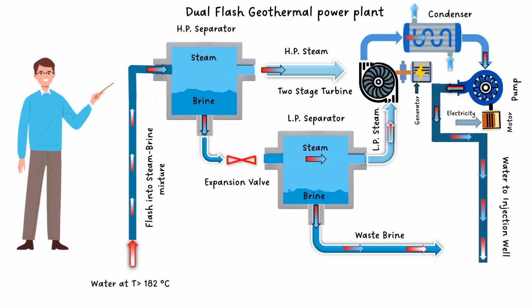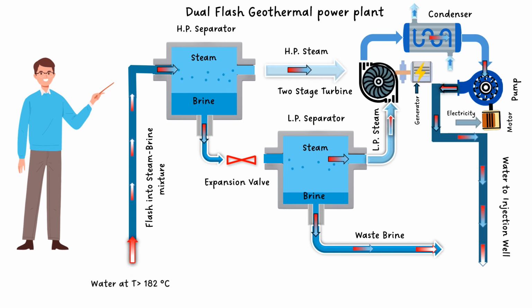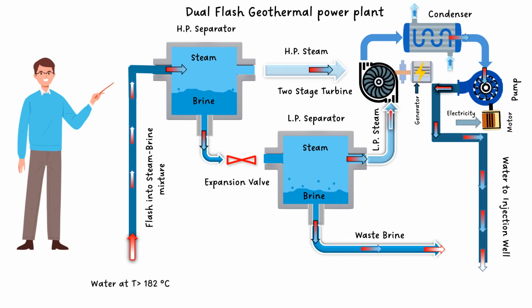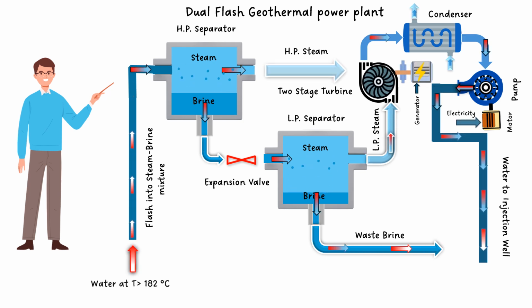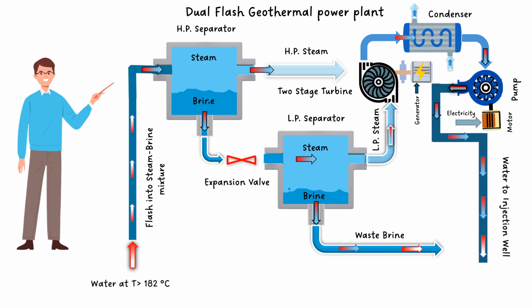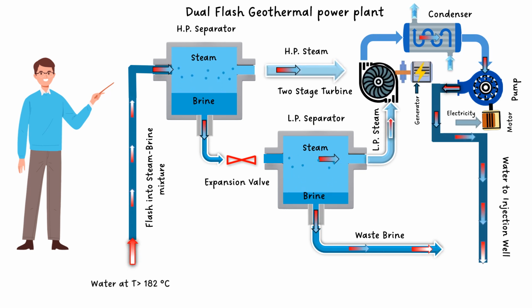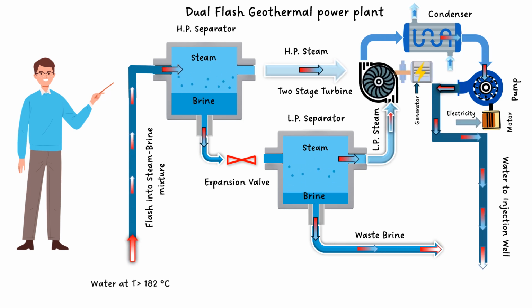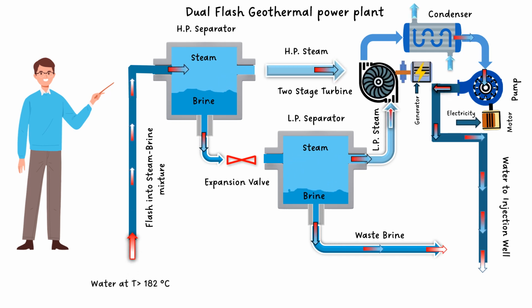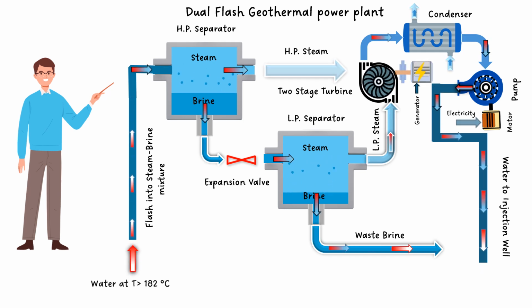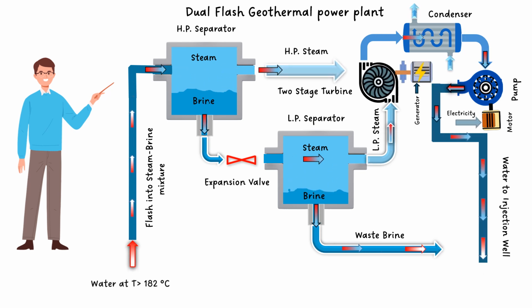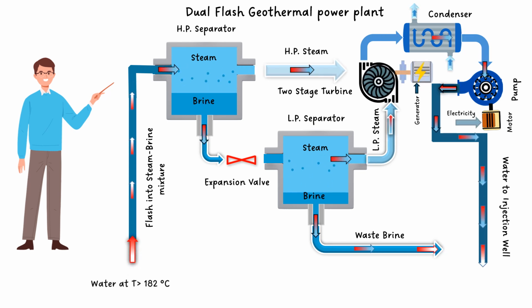Now there is a possibility to use a dual flash geothermal power plant, where two separators, at high pressure and low pressure, are used. The process starts from water withdrawn from Earth at a temperature higher than 182 Celsius and passes through the first separator, which is the high pressure separator.